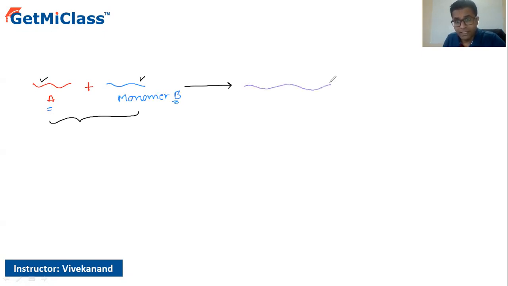Now, the polymer that has been formed, because it has different monomeric units such as monomer A and monomer B, right? This particular polymer that gets formed because of the polymerization between different types of monomeric units, we call it a copolymer, right?